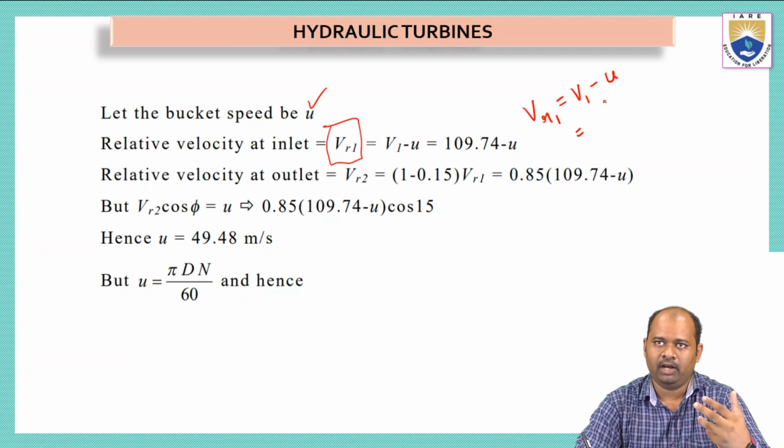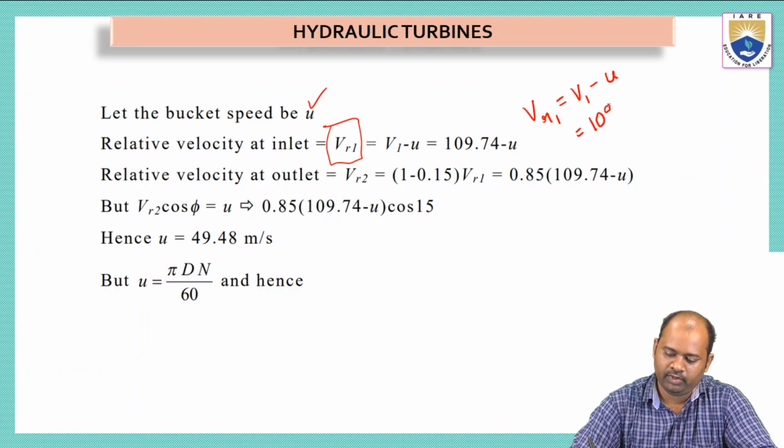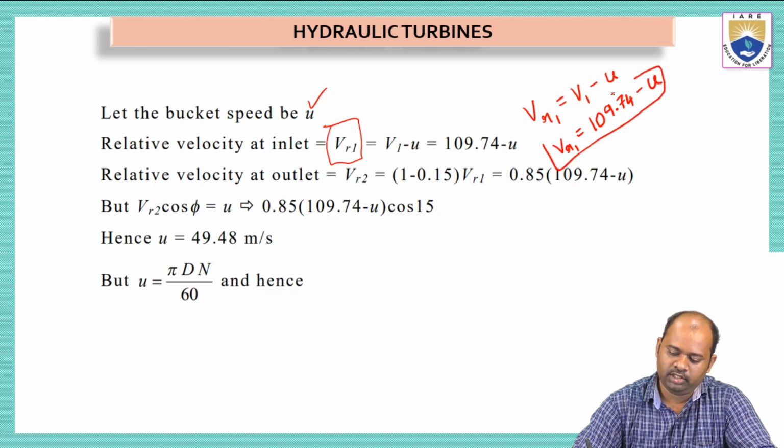The moving vane will have some velocity. This can be calculated by substituting the velocity that we have just calculated: 109.74 minus U. VR1 is equal to this value.